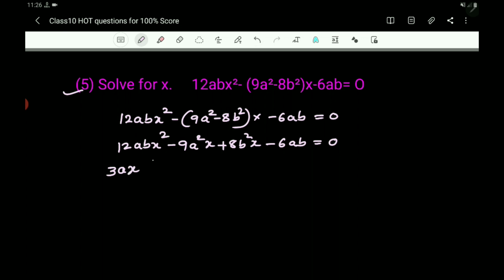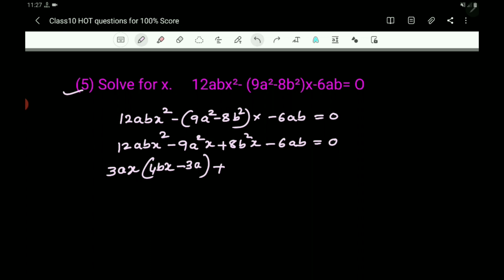So 3ax is common, and in the bracket here what is remaining? You know that 3 4s are 12, a is outside, b is remaining, and x. Then you write minus, and 3 is outside, 3 3s are, and a is outside, x is outside, so you will get minus 3a plus, and 8 and 6.